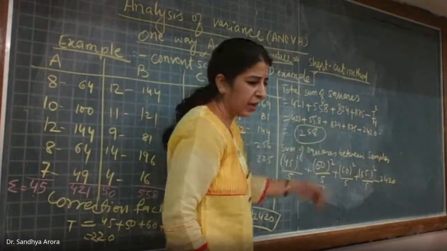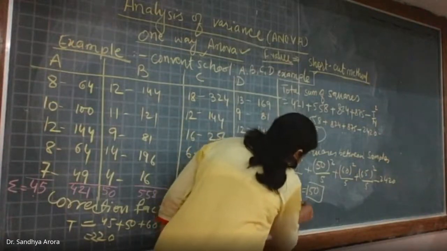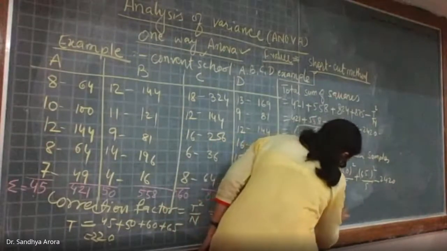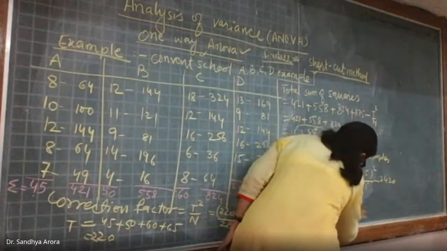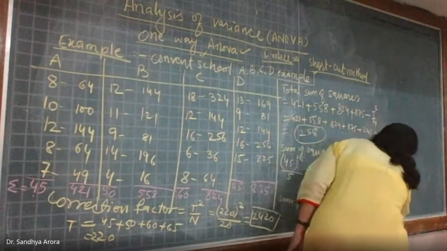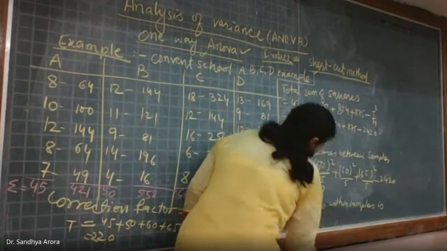So how much is the within sample sum of squares? Within samples is total minus between samples.